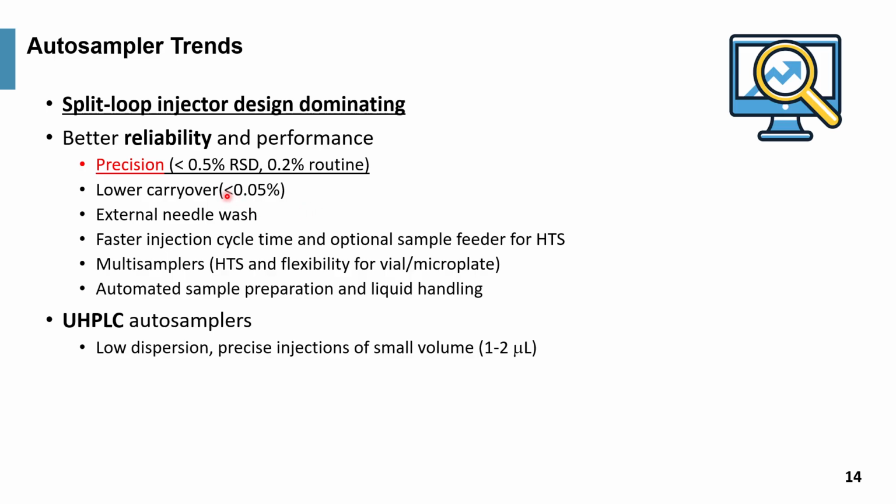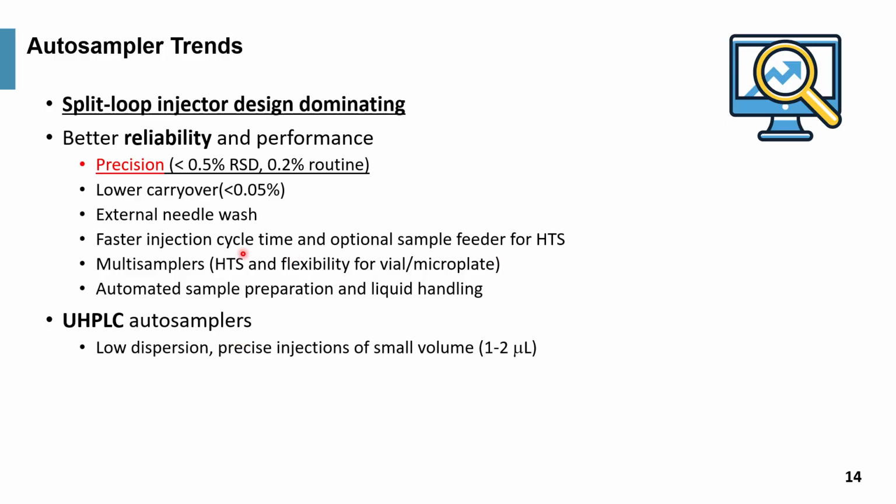Low carryover is important, particularly for LC-MS for bioanalysis. Typically, one needs to wash the external of the needle, the outside of the needle, right? Because after you inject 100 microliters, some of the 100% reference standards adhere to the outside of the needle. So it needs to be washed either as a flush in a flush port, or by dipping it into a wash vial.